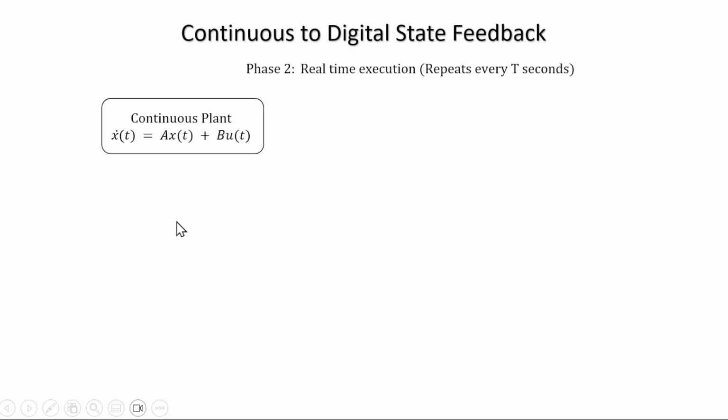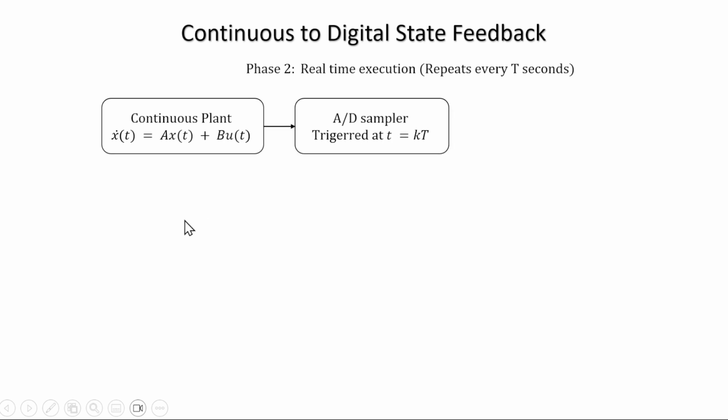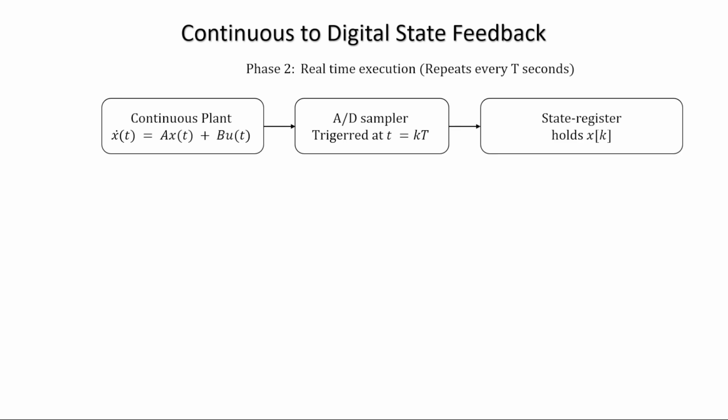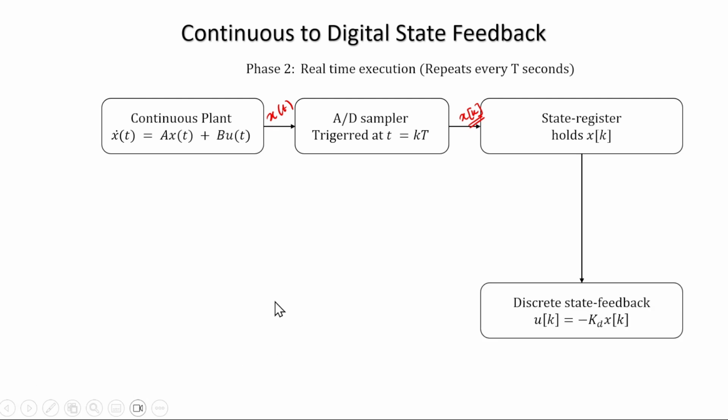First, the ADC reads the sensor voltage and converts it to the state vector xk, which is stored in a state register. Whatever signal you were getting gets converted with an analog to digital converter to the sample xk. The processor then evaluates uk equal to minus KD xk.